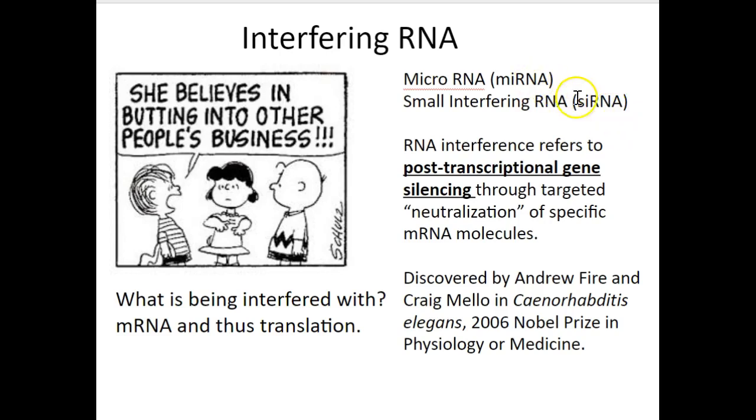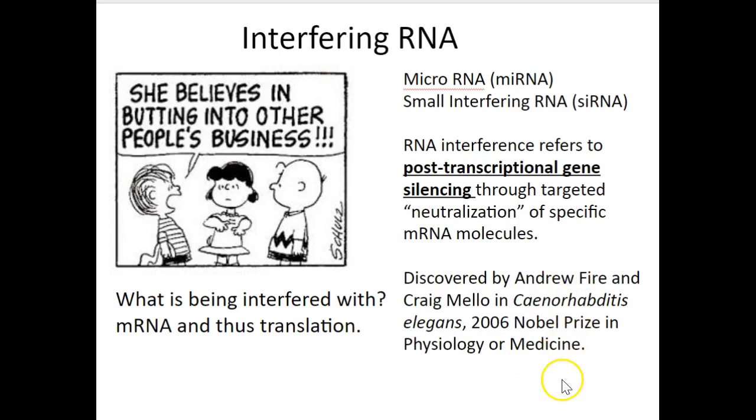Basically, what these two types of RNA do is they interfere with translation. So they can actually stop or turn down translation, which allows them therefore to silence genes. So you've got the gene in the cell, you get messenger RNA, the messenger RNA goes to the ribosome, but it does not get translated because of the interference due to these molecules.